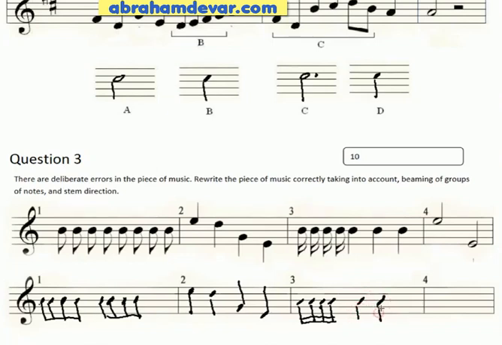The 2 B's are fine, and the last note that's incorrect would be that E. The minim should have its stem pointing downward. That is fine. So there you are. All the errors have been taken care of.